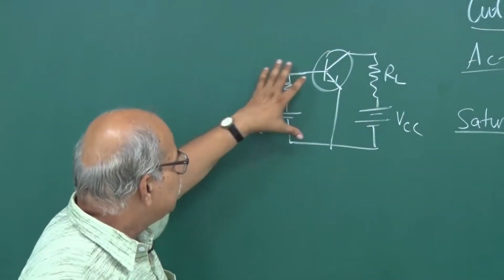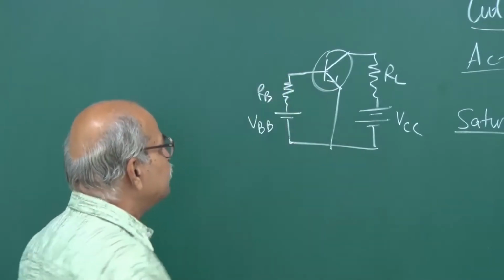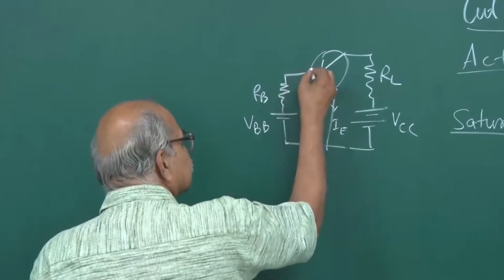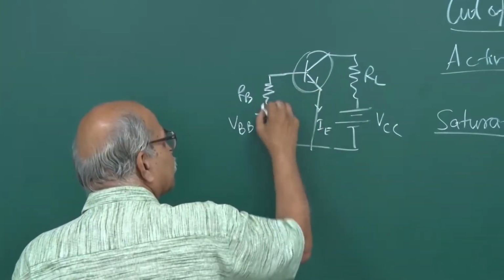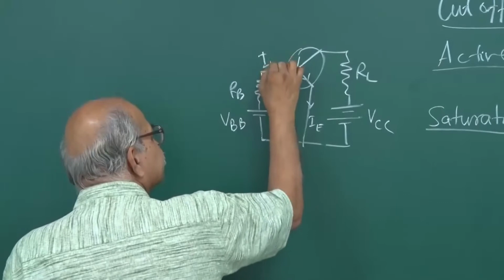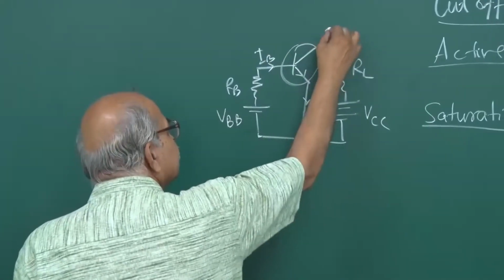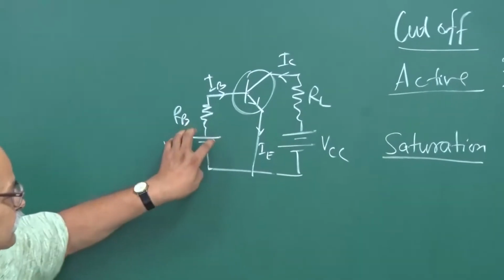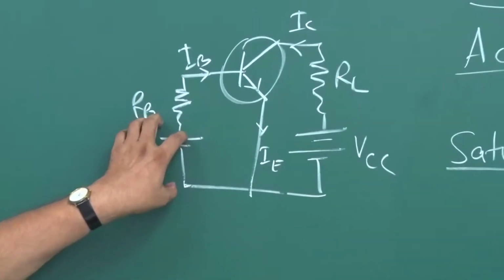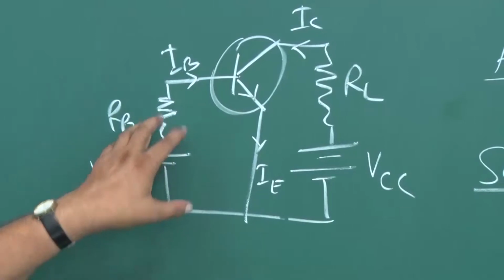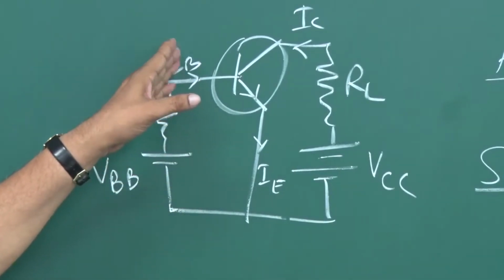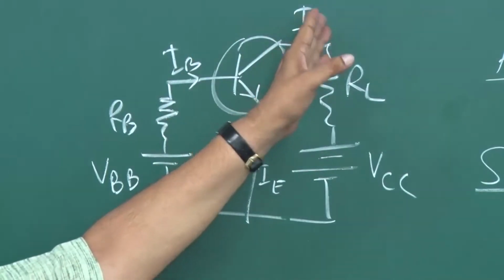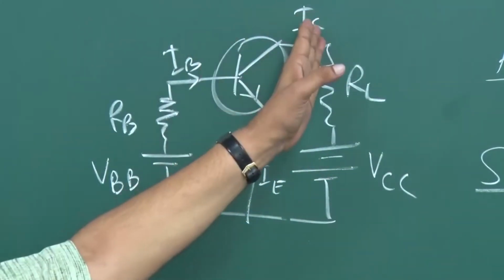Suppose this VBE is very small, this current IB is very small. This is IE, this is IB from this side, and then this is IC. So, to start with, suppose we have our biasing battery low, so that this IB is low, then correspondingly IC will be beta times IB, but that is also low.